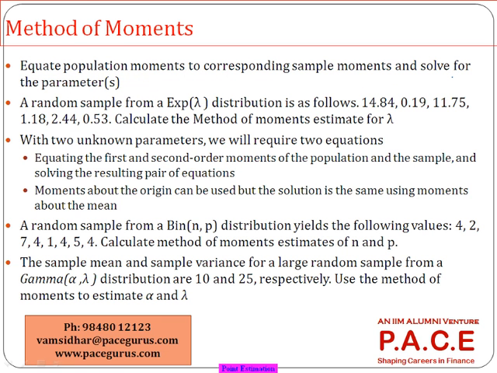Now, what do we say when we talk about the method of moments? These are applicable for estimating parameters. In every distribution there are some parameters. For example, in a binomial distribution we have n and p, which are to be known.